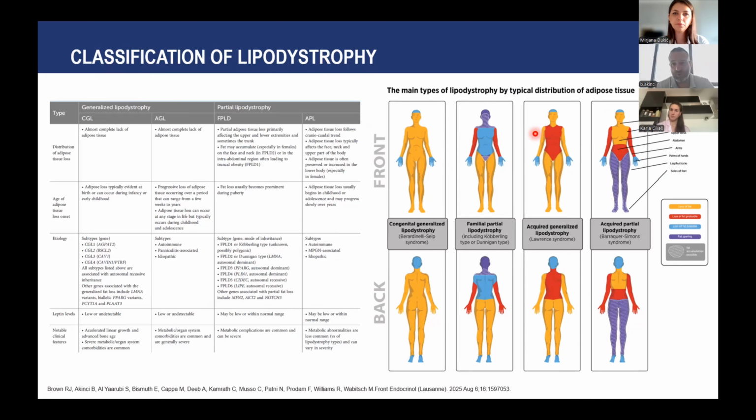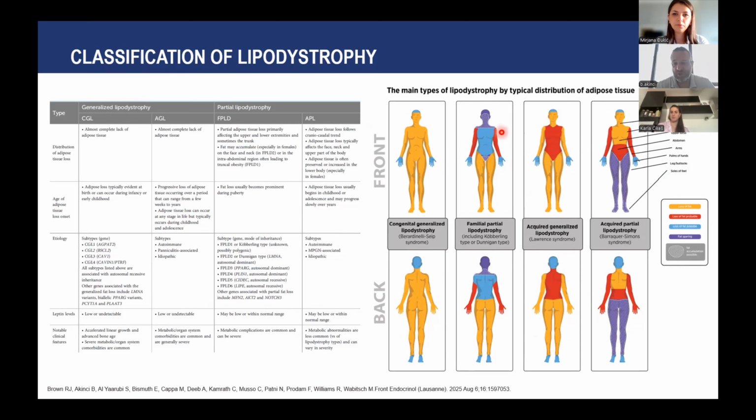Usually it's autoimmunity, but for some of them, we don't know why this is happening, and these patients are still classified as idiopathic. In these patients, fat loss still affects the whole body, but sometimes over the trunk, you can see a little bit of fat preserved. Still, typically these two big populations of lipodystrophy have almost full body fat loss.